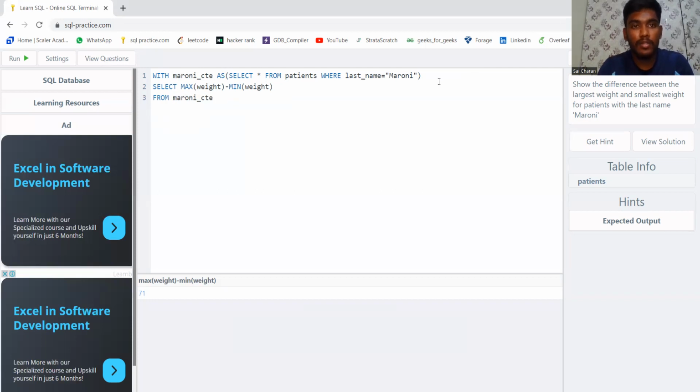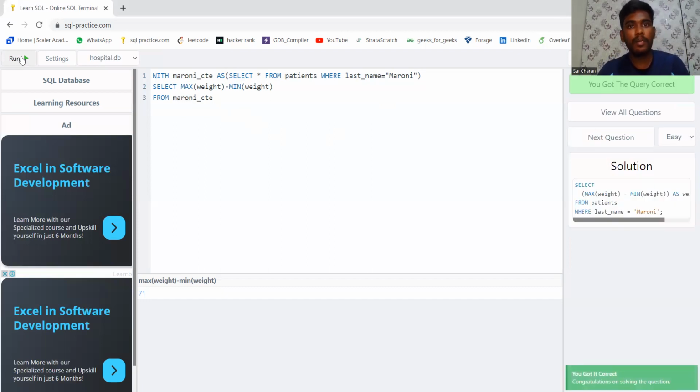Here, this is one of my temporary tables which I can use. I can reuse it anywhere in my code, a number of times. So CTE provides us reusability, and that's the reason I am using CTE here. Let's check it. Yes, we got the correct answer.